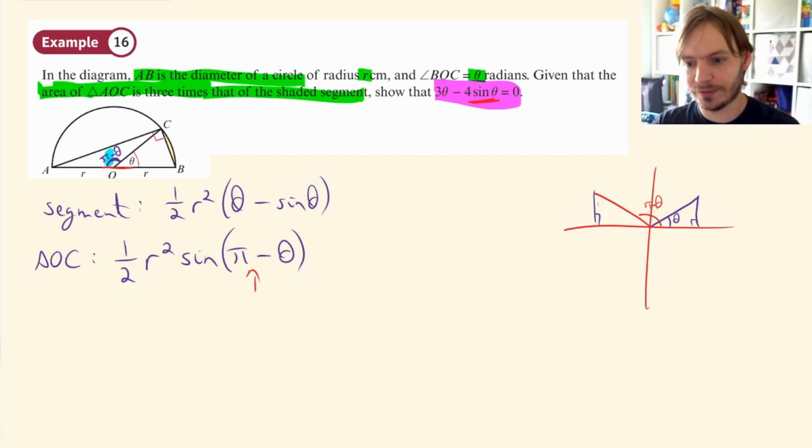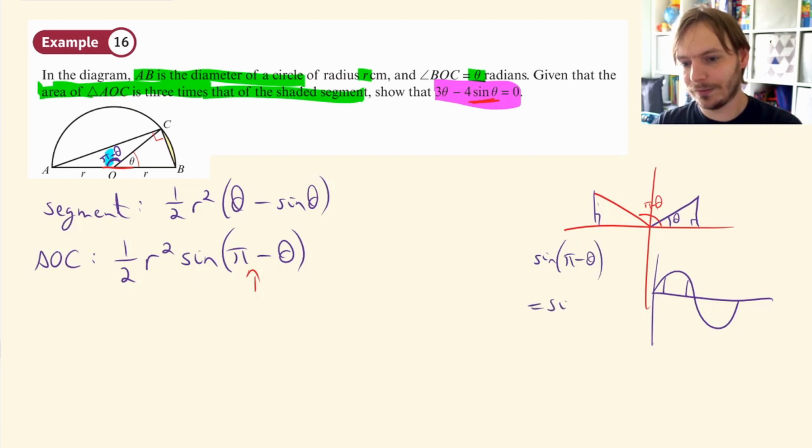Or we could remind ourselves on the graphs exactly what's going on here. So if I have my sine graph, here's pi minus theta, here's theta, same height. So actually, sine of pi minus theta is sine of theta. They are exactly the same.